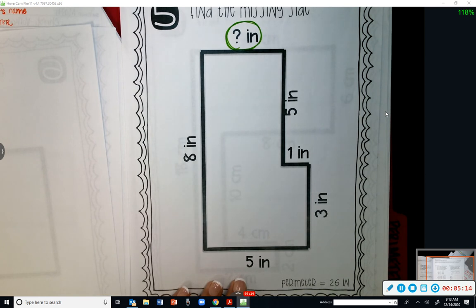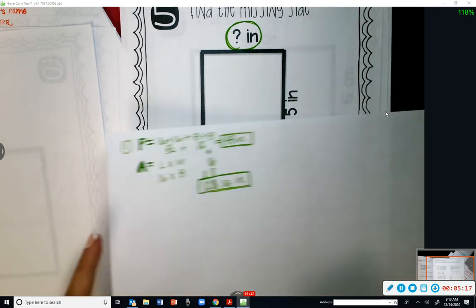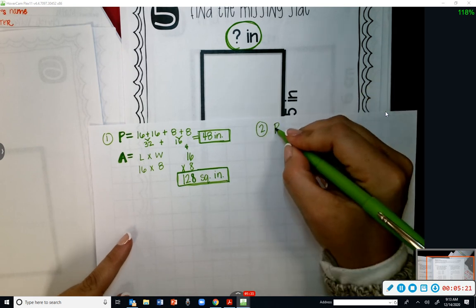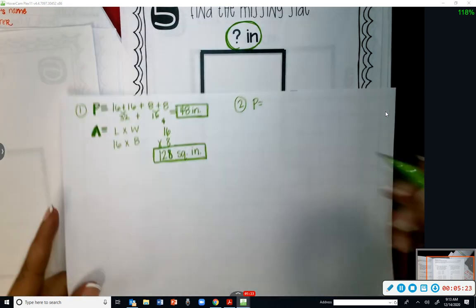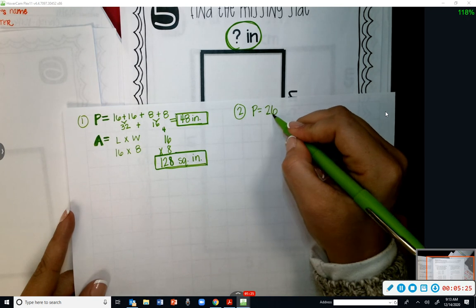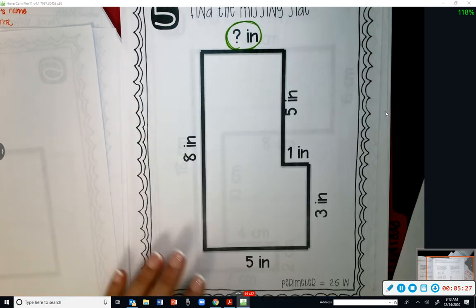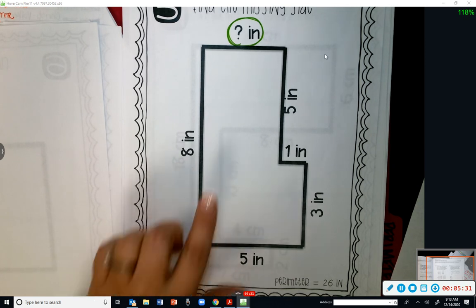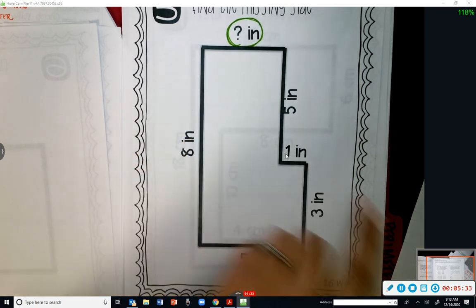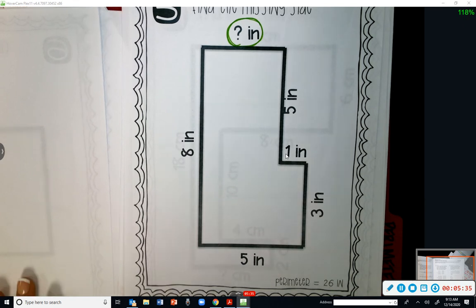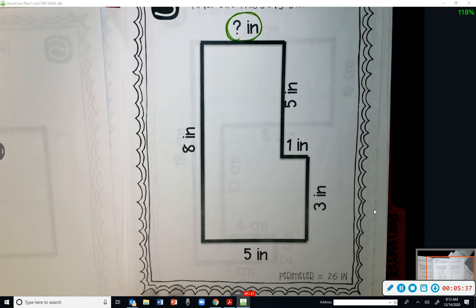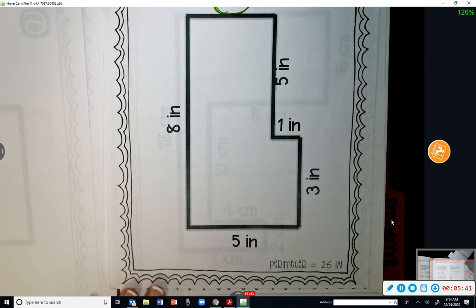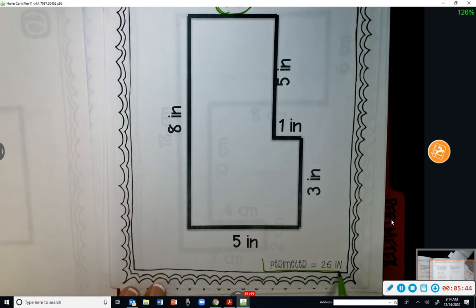So if I'm finding the missing side, the perimeter is 26. What would I do to find this missing side? The perimeter is 26. It says that right here.